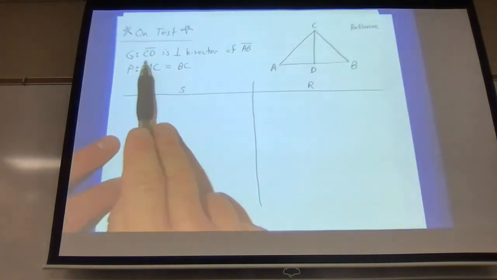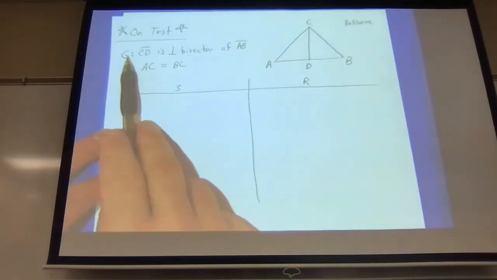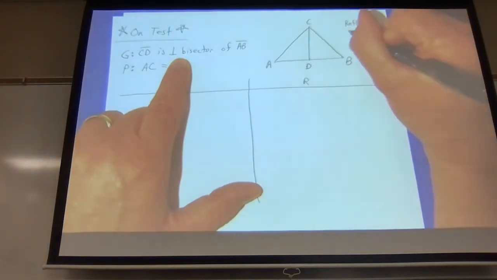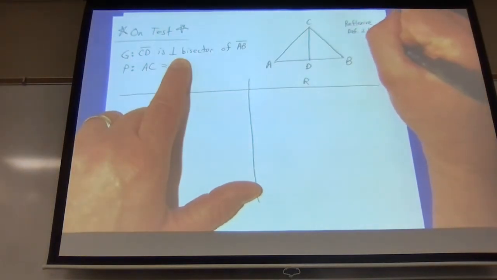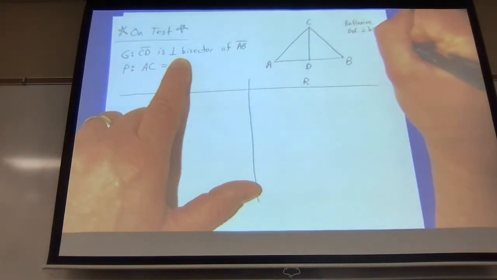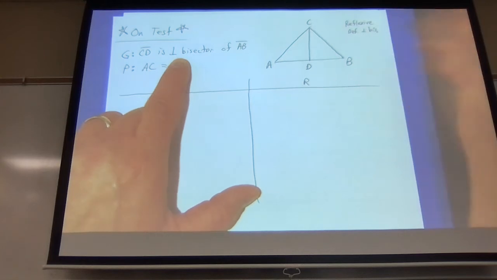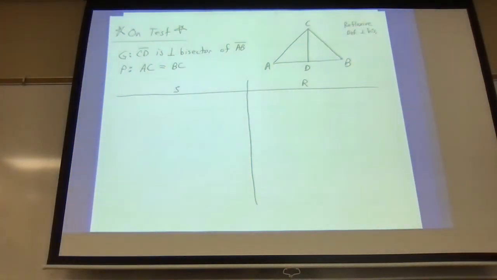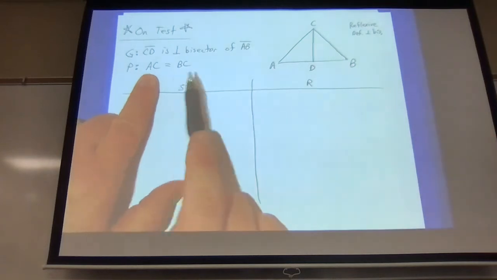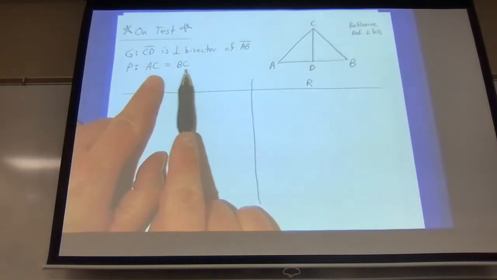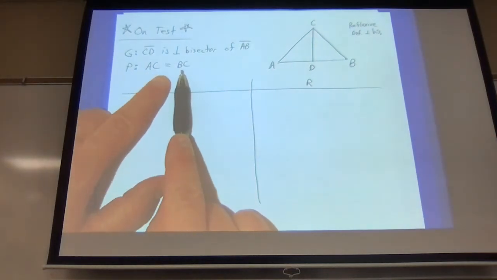Then go to your given. In the given, do you have a vocabulary word? Yes, perpendicular bisectors. We're going to use the definition of that in our proof. We're actually going to end up using that a few times. Then go to your proof statement. We're going to prove that AC is equal to BC. Are we going to finish with a 3-letter shortcut or CPCPC?